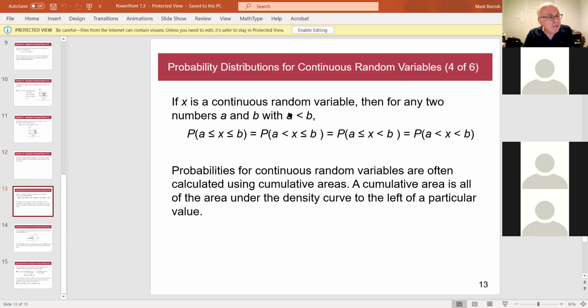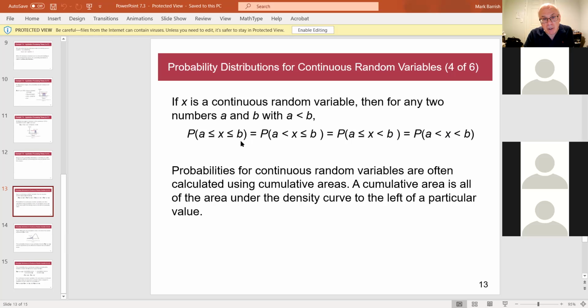Remember, with a continuous random variable, I said the probability of x equal to some value is equal to 0. So in that case, these 4 probabilities are all the same. The probability that x is between A and B would be the same whether we are including A or including B, because the probabilities of x at A and x at B are 0.